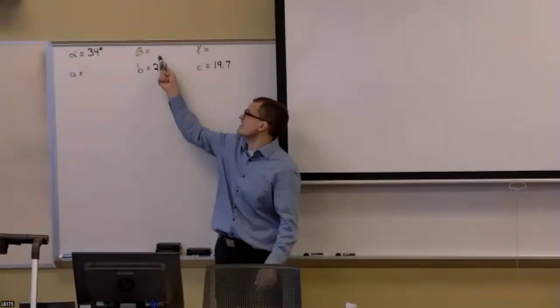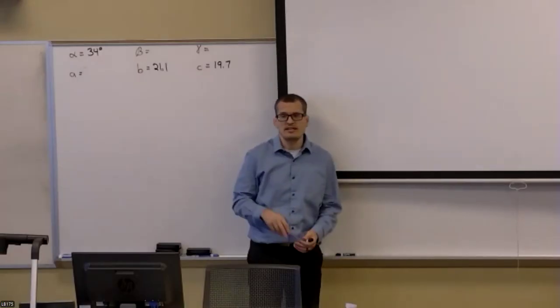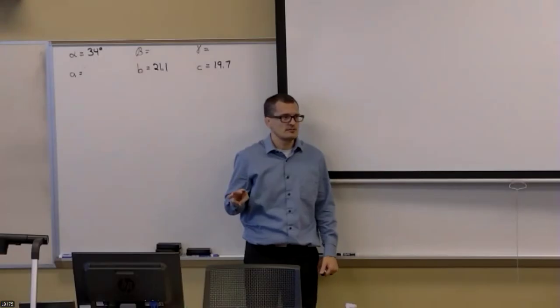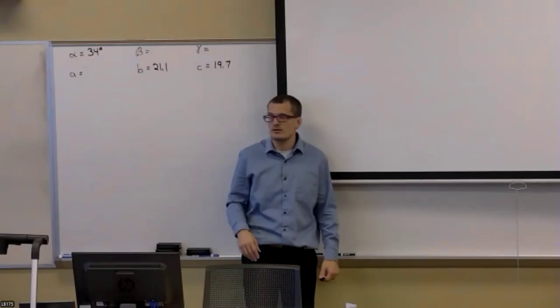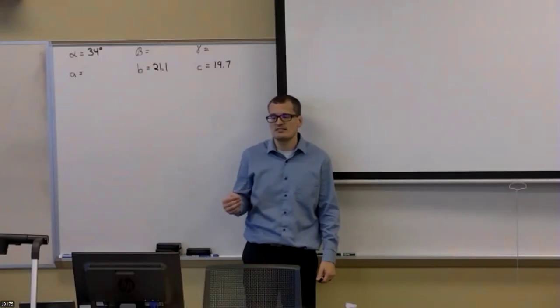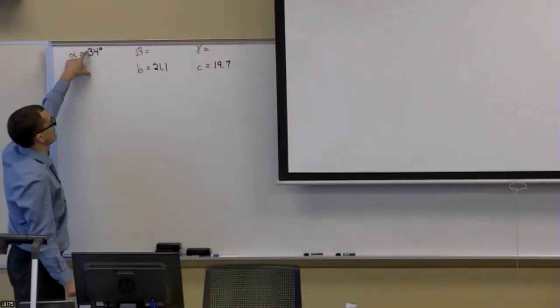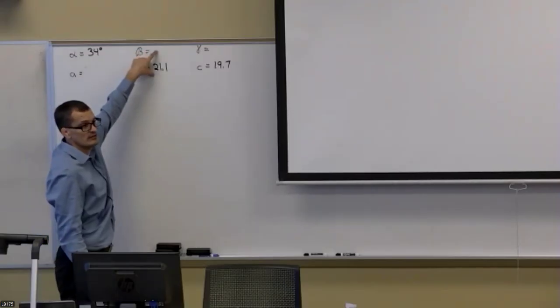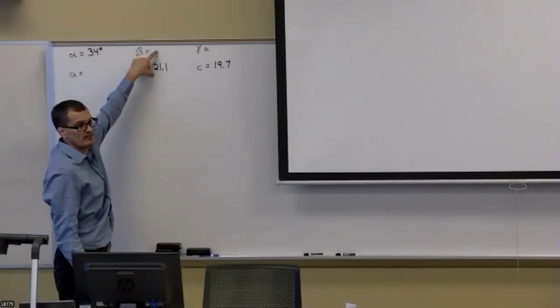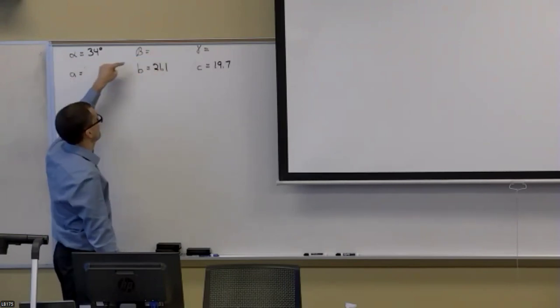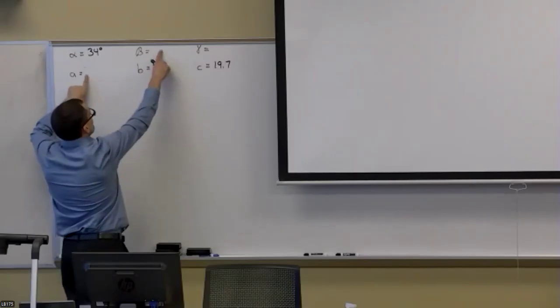I can't find a missing angle, because I need two angles in order to find a third using the angles adding up to 180. Inverse trig functions aren't going to work, and law of sines doesn't work because I don't have any of the ratios alone. Does that make sense? In my law of sines, if I do sine of alpha over A is equal to sine of beta over B, there are two unknowns.